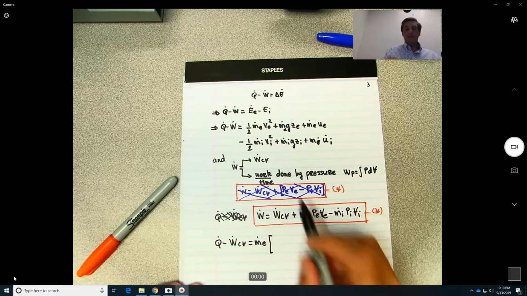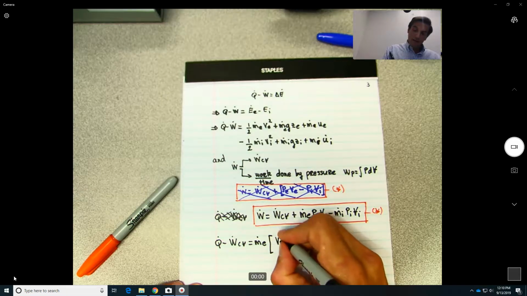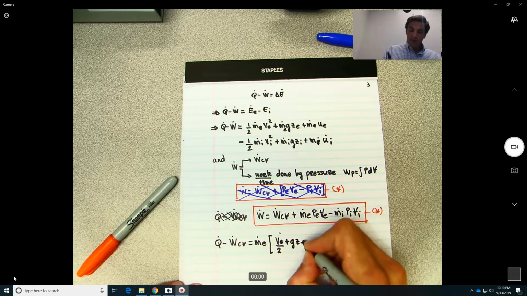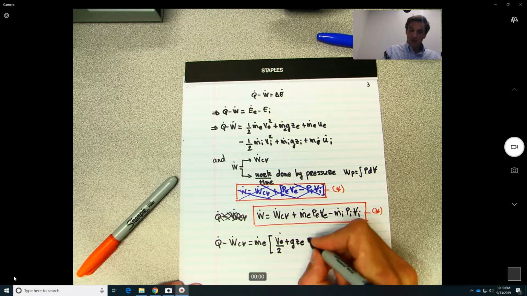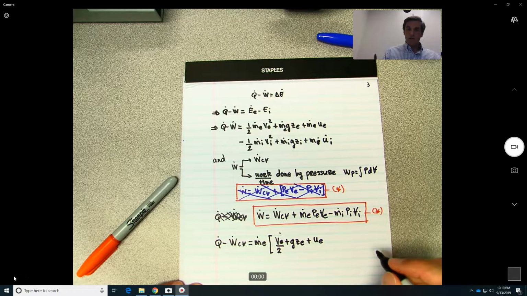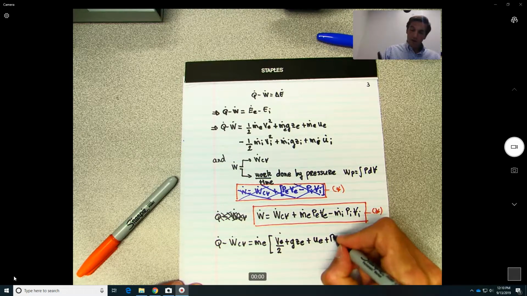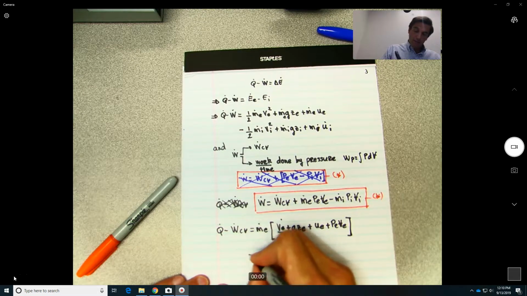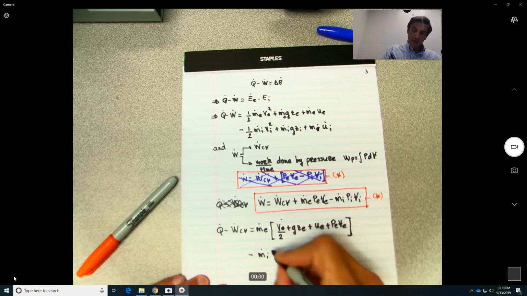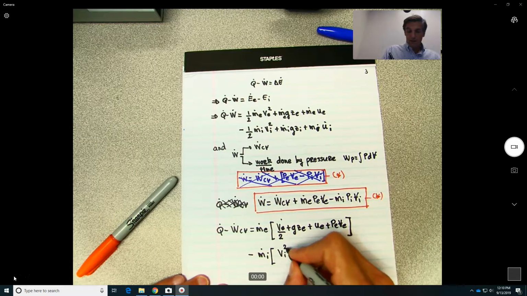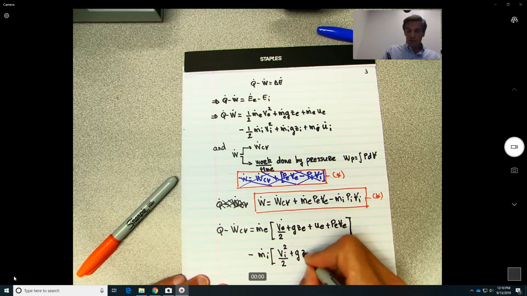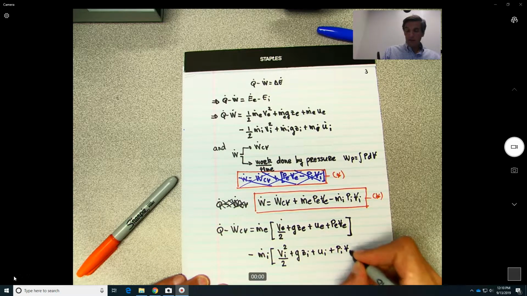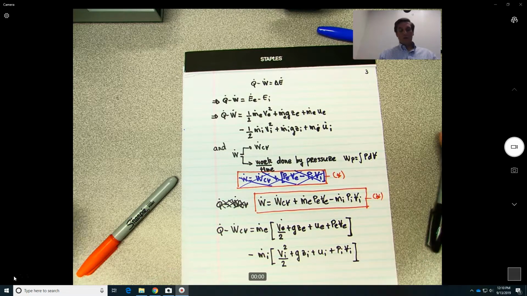I want to start simplifying it by factoring out the m dot: V exit squared over 2 plus g z exit, so kinetic, potential, plus internal, plus the work done by the pressure, minus the m dot inlet times V inlet squared over 2 plus g z inlet plus u inlet plus P inlet V inlet. Okay.